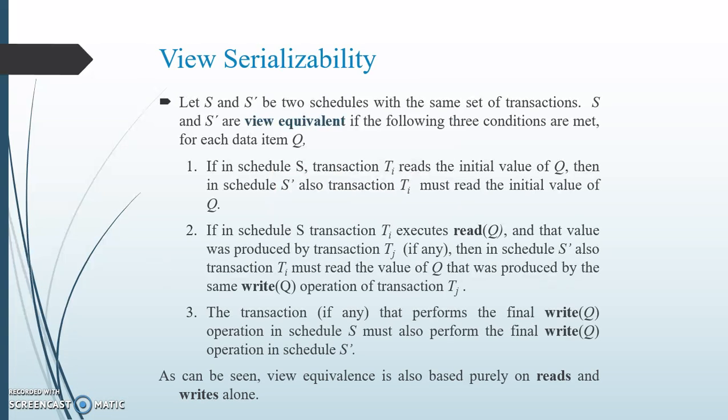View serializability. Let S and S dash be two schedules with the same set of instructions. S and S dash are view equivalent if three conditions are met for each data item Q. First, if in schedule S transaction Ti reads the initial value of Q, then in S dash also Ti must read the initial value of Q. Second, if in schedule S transaction Ti executes read on Q and that value was produced by transaction Tj, then in schedule S dash also transaction Ti must read the value of Q that was produced by the same write on Q operation by Tj.